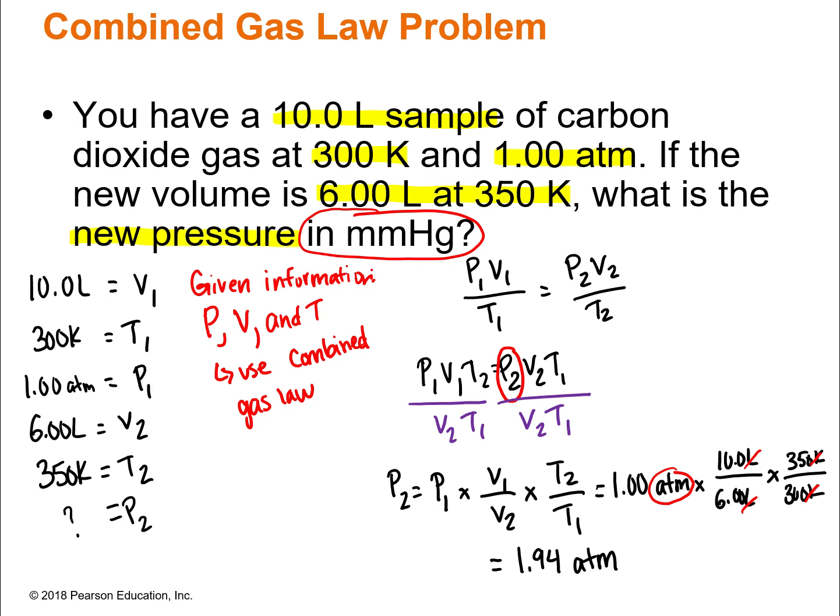So I need to take this number and convert. So you take that 1.94 and then you have to multiply by 760.